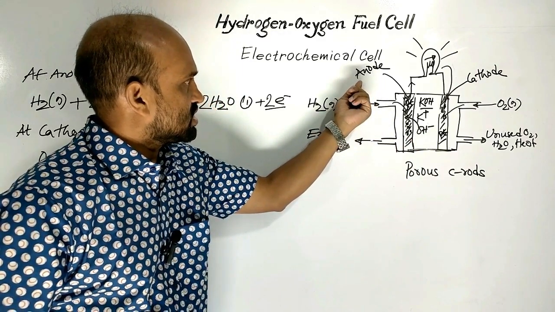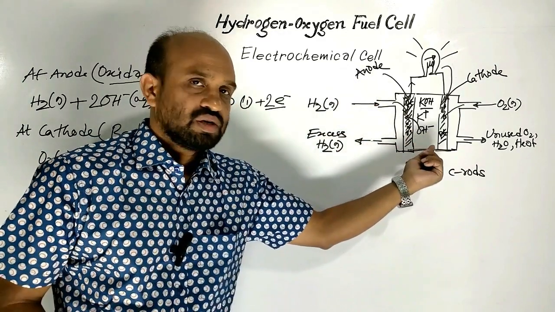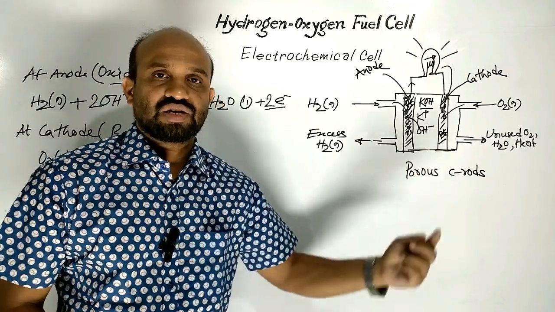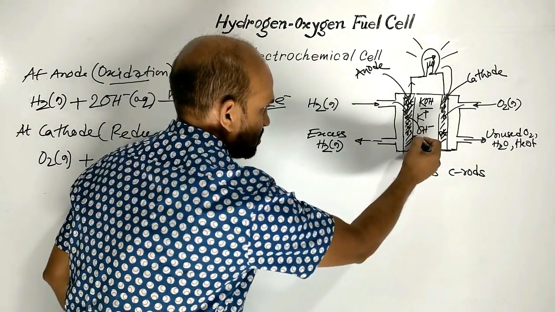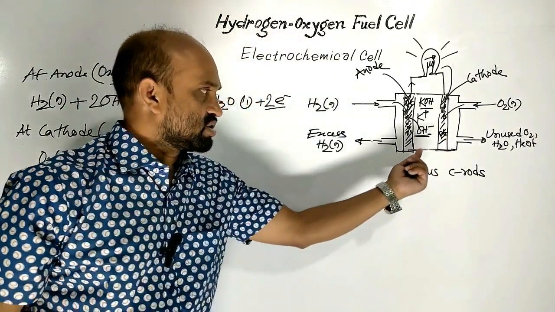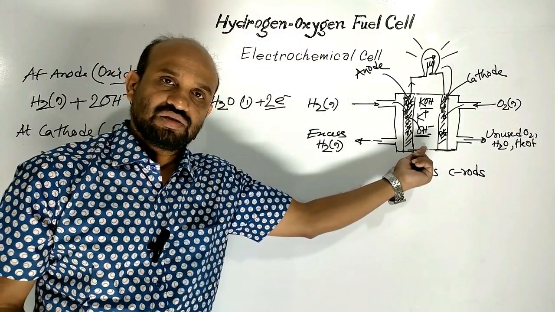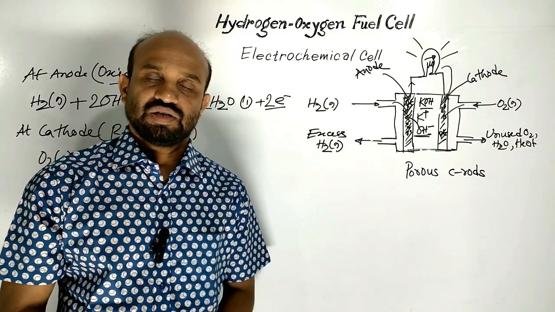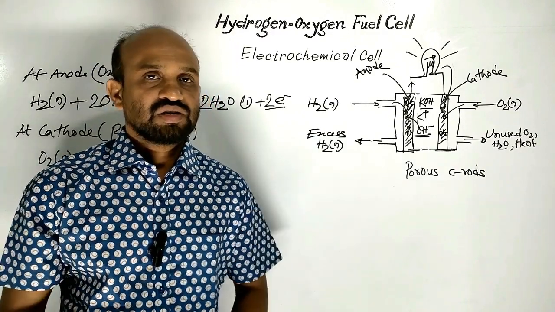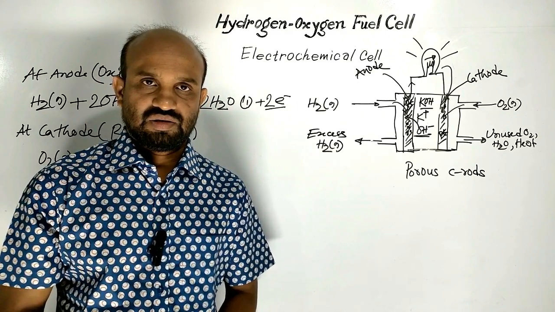After the reaction at anode, in the electrolyte, electrical imbalance is created because concentration of hydroxide ion is decreased and concentration of potassium ion is increased. Electrical imbalance is created.